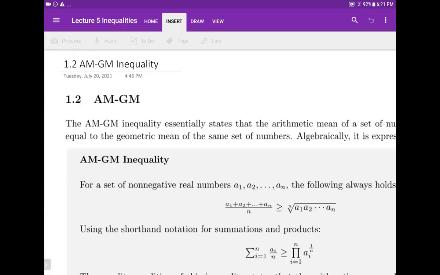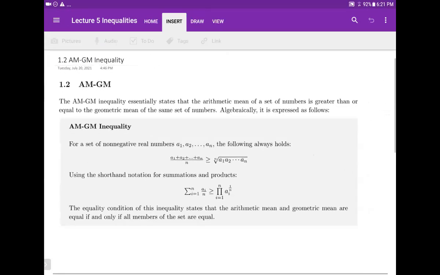Okay. Right, AM-GM inequality. So the AM-GM inequality says that the arithmetic mean, AM, of a set is greater than or equal to the geometric mean, GM, of the same set of numbers. Algebraically, it is expressed as follows.